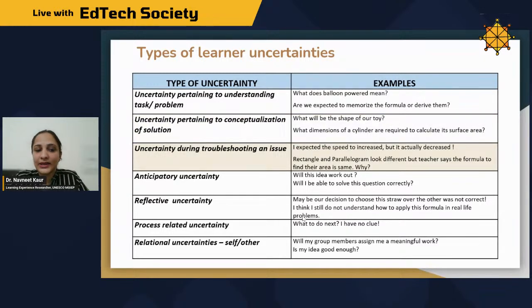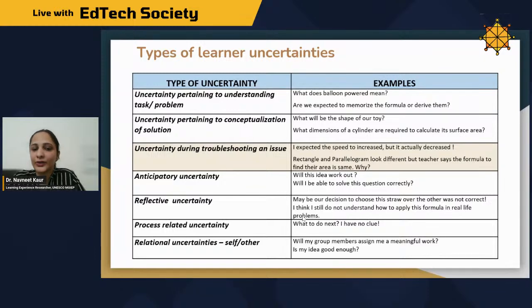Then they experience uncertainties related to troubleshooting an issue. In a classroom situation, they will experience situations where they face some contradicting information, and they're trying to make sense of how it is the same or different to what they already know.